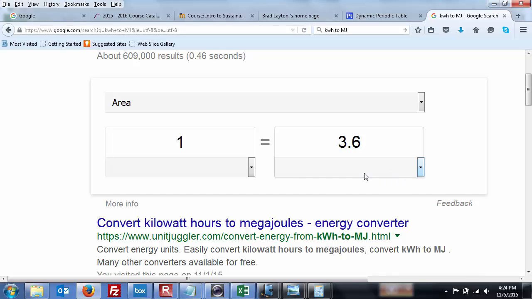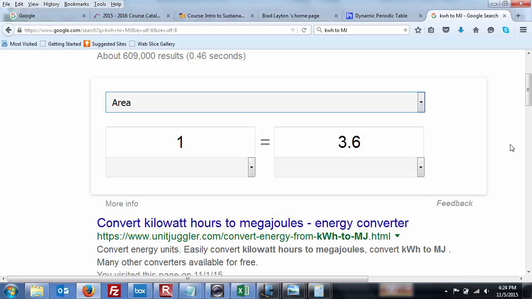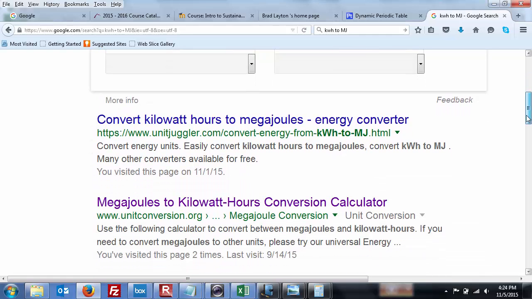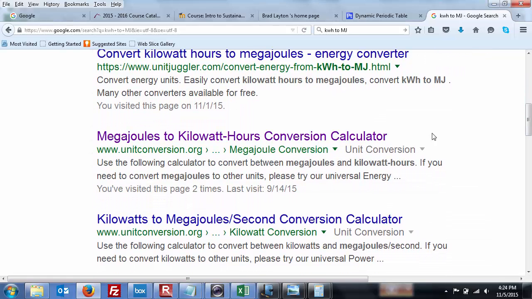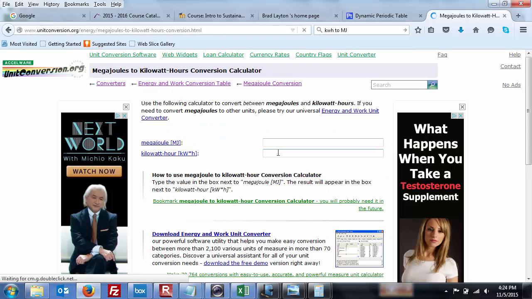One kilowatt hour, 3.6 megajoules. There we go.